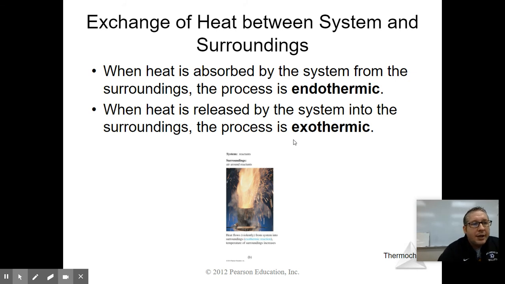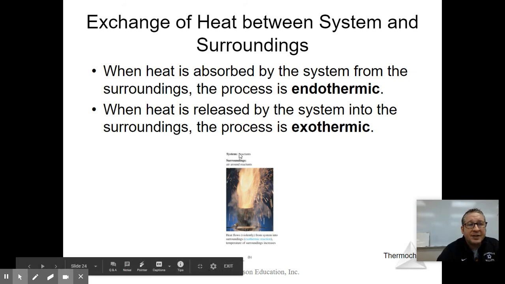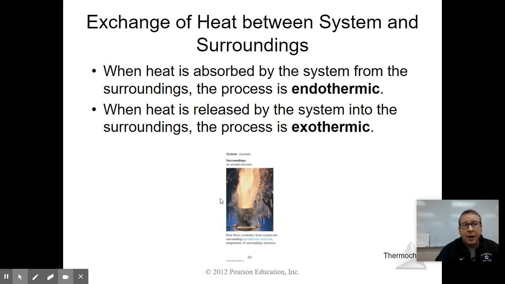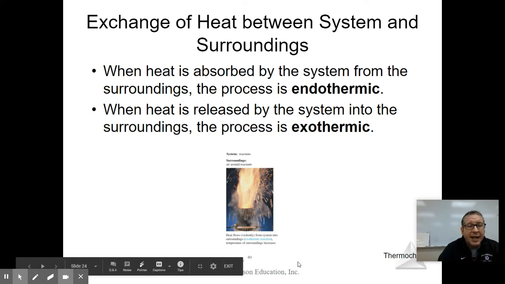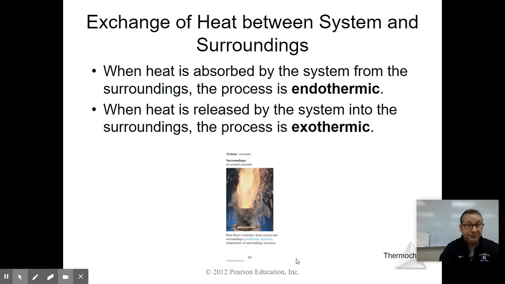So if you look at this example here, the system is the reactants. The surroundings is simply the air around the reactants. Heat flows, and oftentimes exothermics are somewhat violent, not all the time, but a lot of times, from the system to the surroundings. And in the surroundings, we're going to see an increase in temperature.